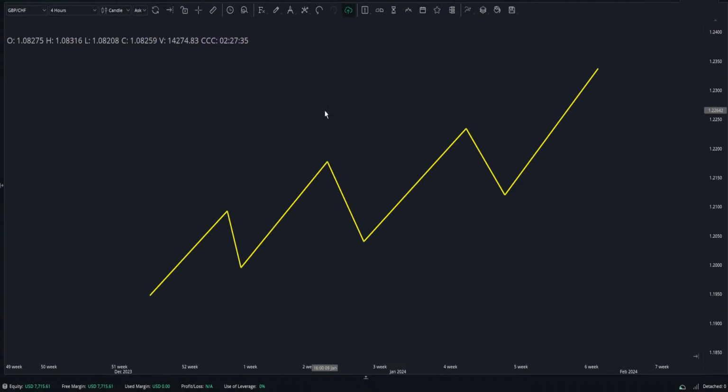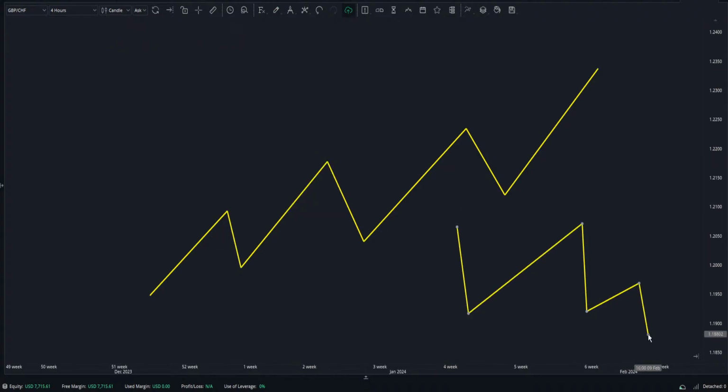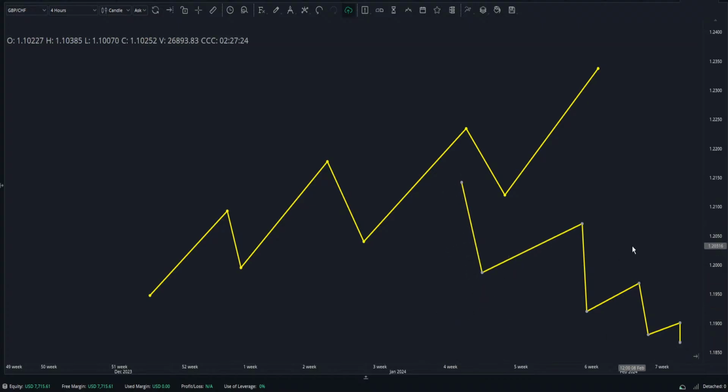This is an uptrend. And if the price, say, makes something like this, then this is a downtrend, right?